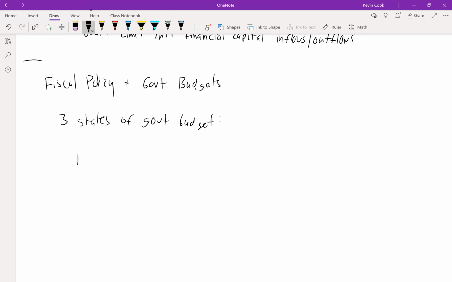We can either have a budget deficit, and this means that our spending is greater than our revenue. That is, we spend more than we bring in. The second case we have is called a budget surplus.